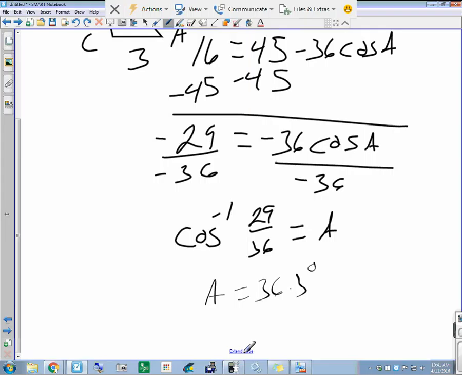I'm not necessarily going to run through that again because it's just simply plugging and grinding. And then once you've got 2 of the degree measures, you subtract from 180 and get the last one. Okay. So yeah, this is pretty easy. So that's that. And if you've got any other questions, we shall take care of them later.